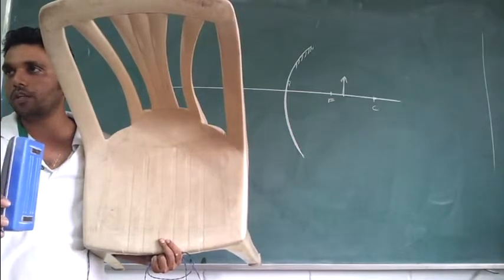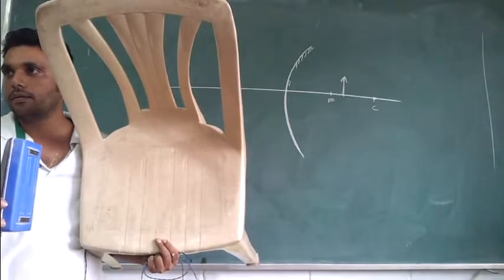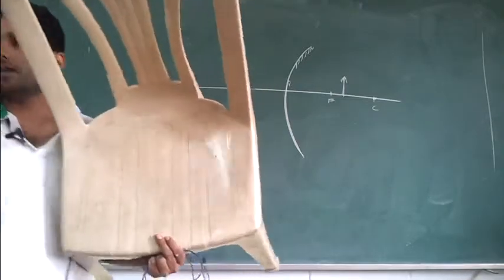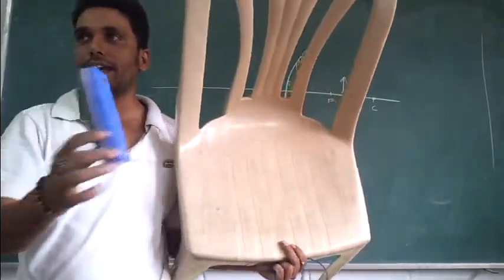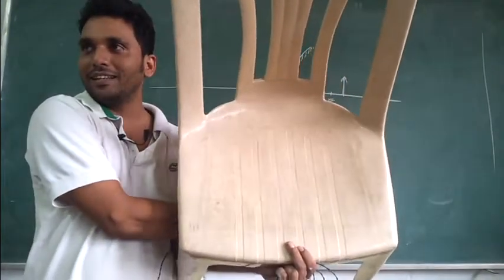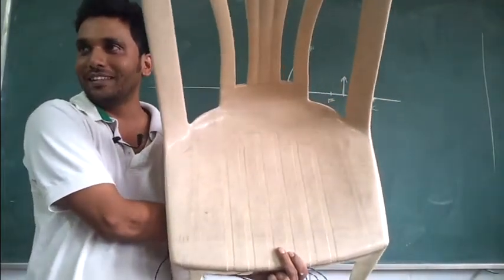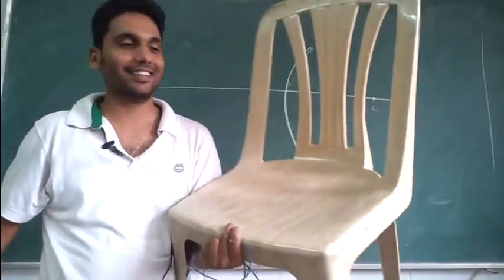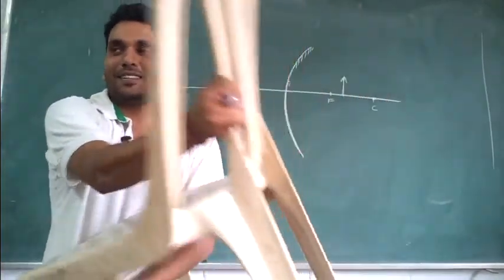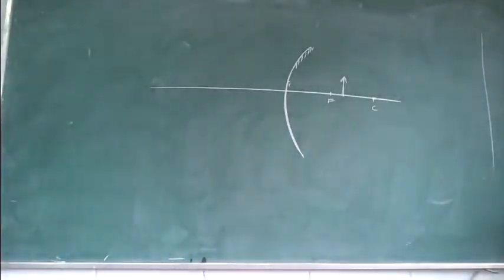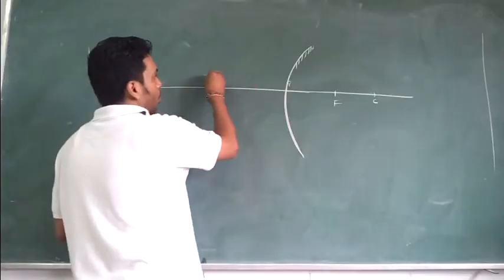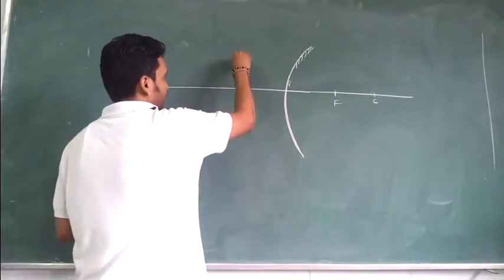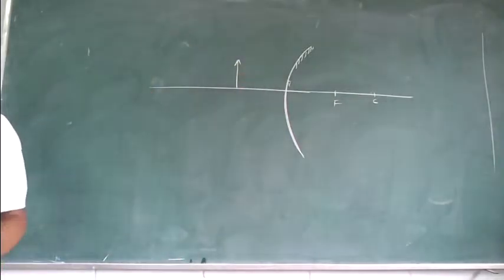Where is the image formed? It is formed at C itself. Now, if this is the object and I keep it over here, where is it formed? Hence, wherever the object is, there is only one way the image will be formed.